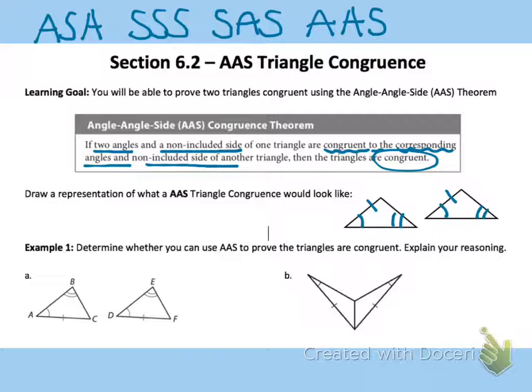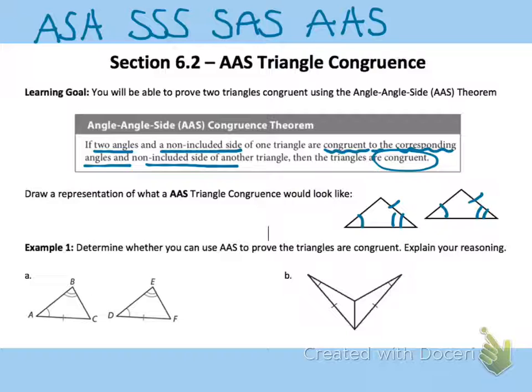Just as long as there are two angles and a non-included side. It doesn't really matter which of the two non-included sides. It just can't be this one, right? It can't be the included side, because then that would be angle, side, angle. And it doesn't mean the triangles aren't congruent if we had that. It just means it would be by a different reason. So we just have to make sure we get that straight.